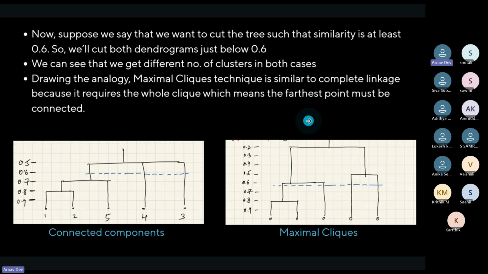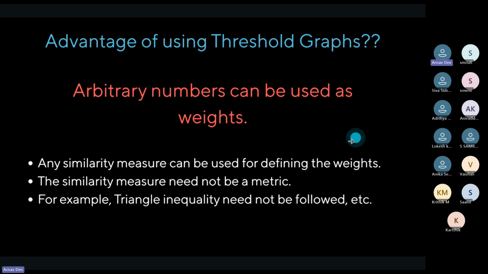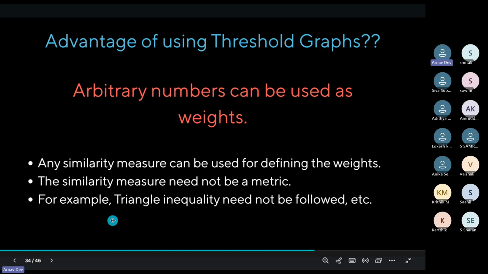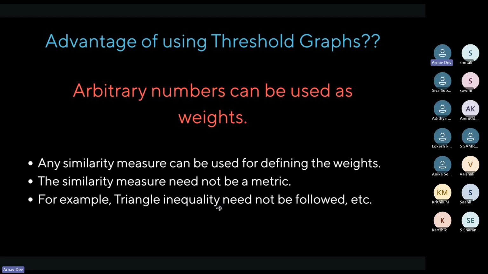But when you use threshold graphs, the weights can be any arbitrary number. It should just be related to the similarity measure, however you define it, and you don't have to follow any particular metric. So you need not figure out how the triangle inequality is formed or how geometry works. You can take any arbitrary values as the weights. This is the advantage of using threshold graphs.